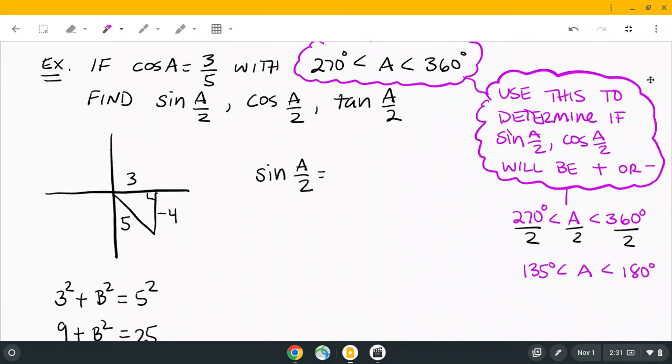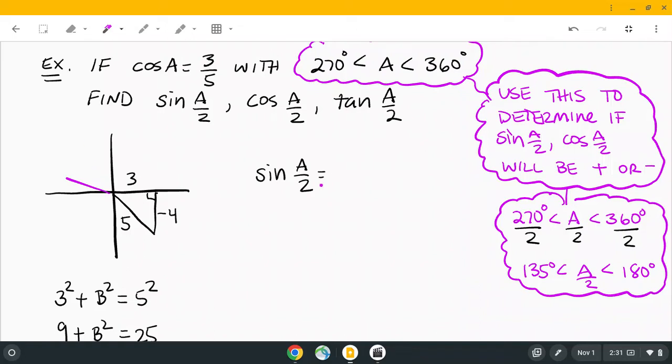This tells me where A over 2 lands: somewhere between 135 and 180, so somewhere in here.